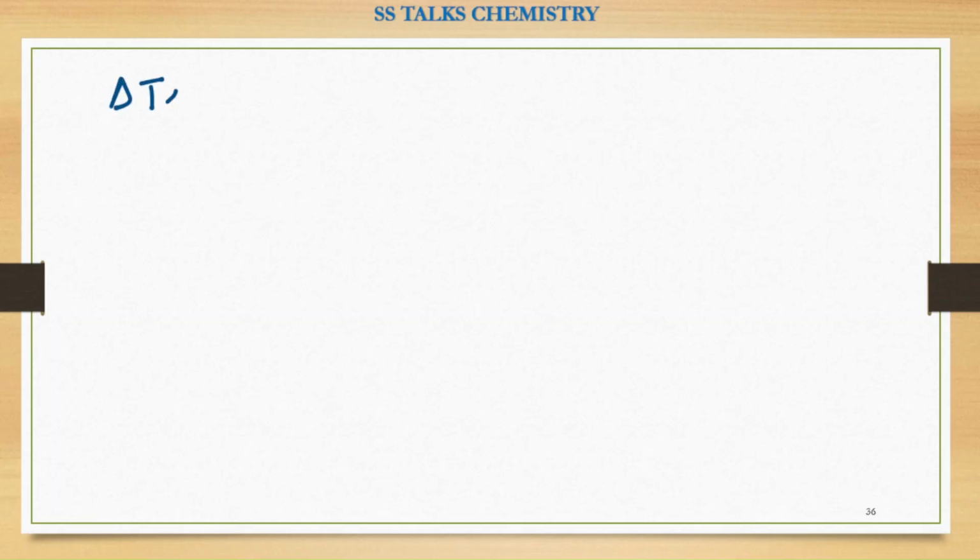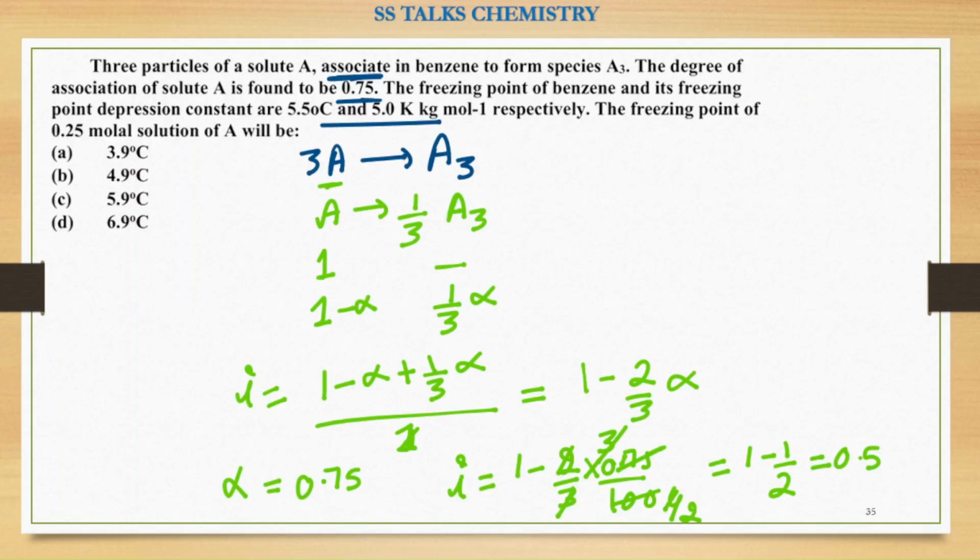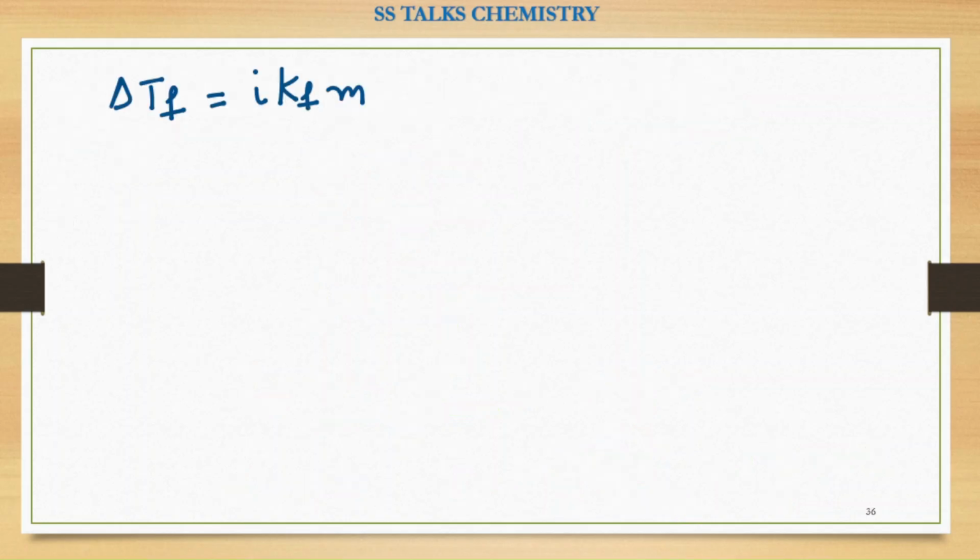Now we know that delta TF equals I into KF into the molality. We need to find the freezing point of the solution. Its concentration is given as 0.25 molar, the freezing point depression constant is also given, and the freezing point of benzene is also given. So delta TF is TF naught minus TF. I we have calculated as half.